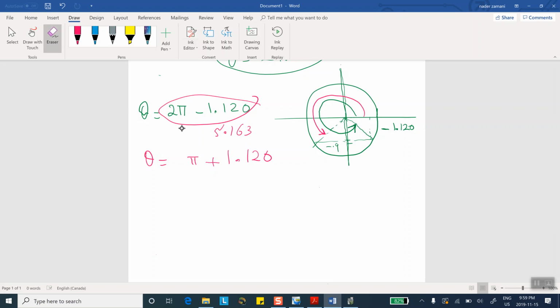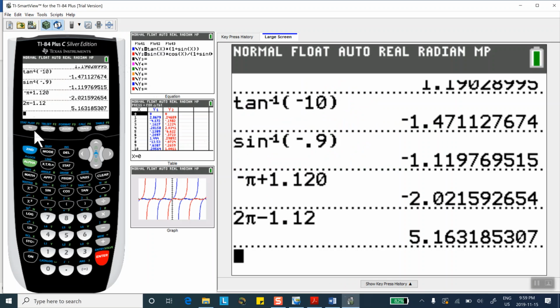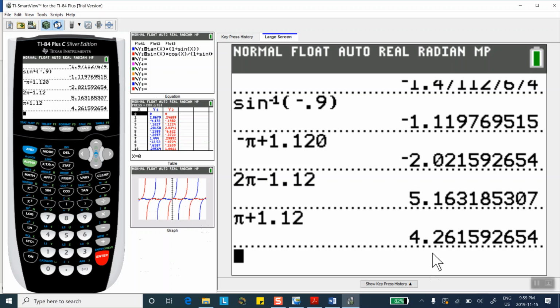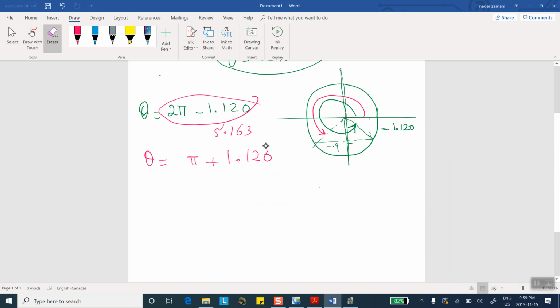5.163. So this thing is 5.163. Let me find the other one. This guy. Second function pi plus 1.120, and this is 4.261.